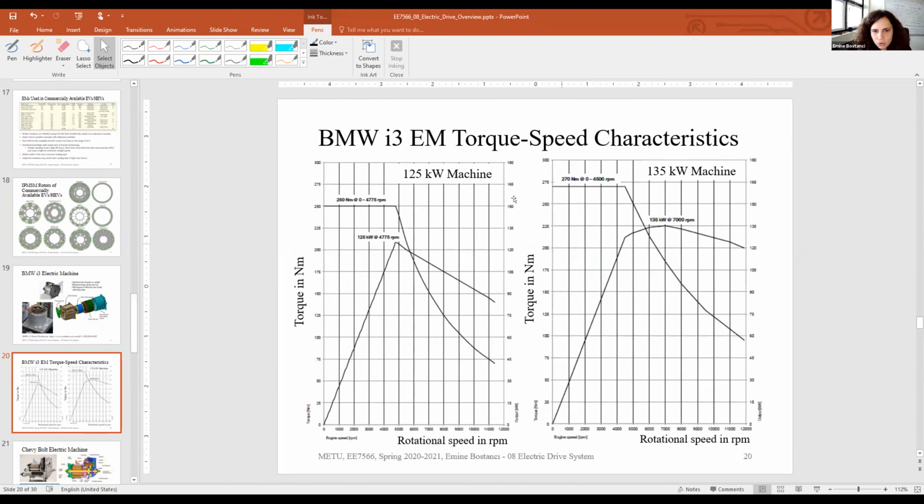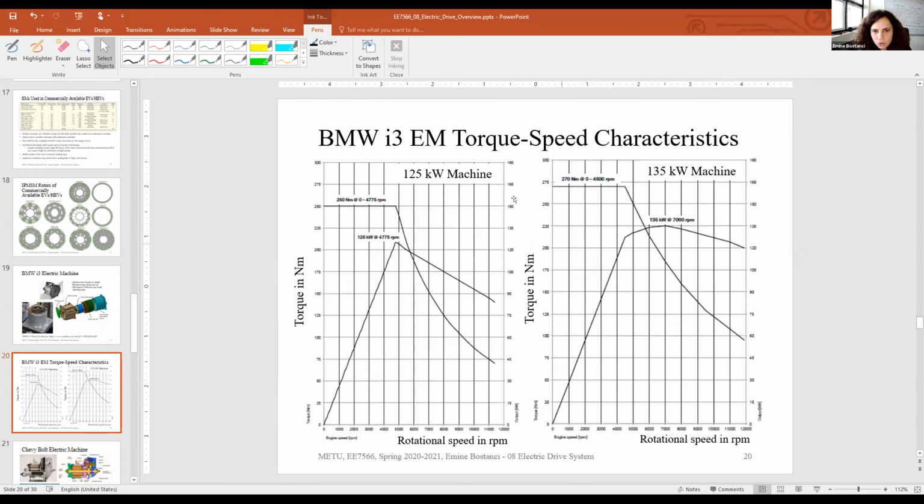So these are the BMW i3 characteristics. There are two machines, the sport version and the regular version. The sport version has higher power and higher torque. The regular version has 250 Newton meters as the peak torque, and the torque starts decreasing around 4,700 RPM.